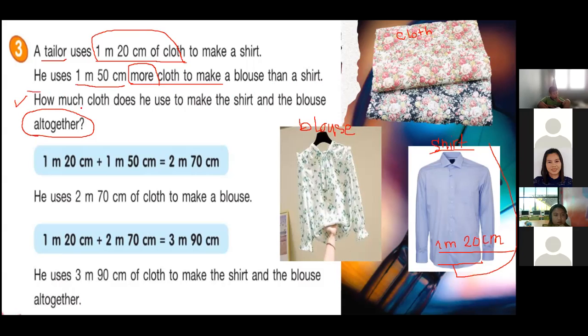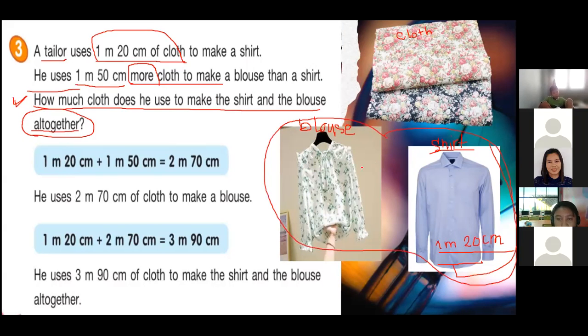Remember, this is our question. How much cloth does he use to make the shirt and the blouse all together? So how much cloth will he use to make the blouse and the shirt together?